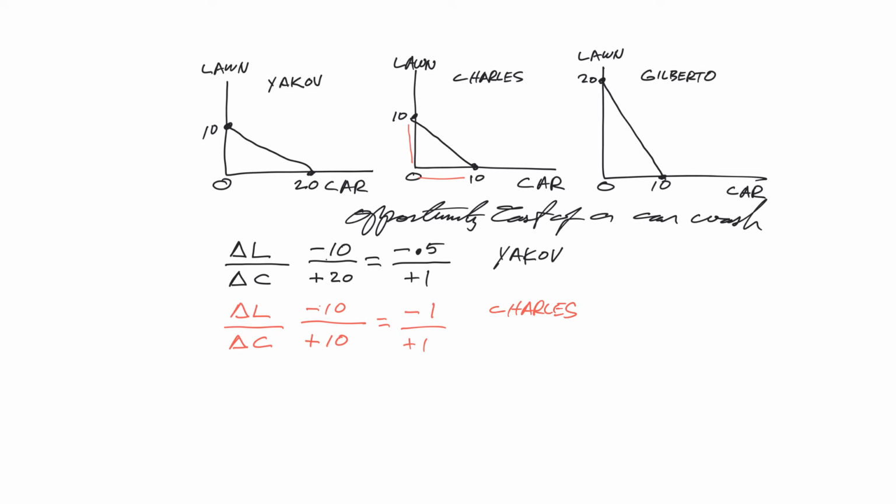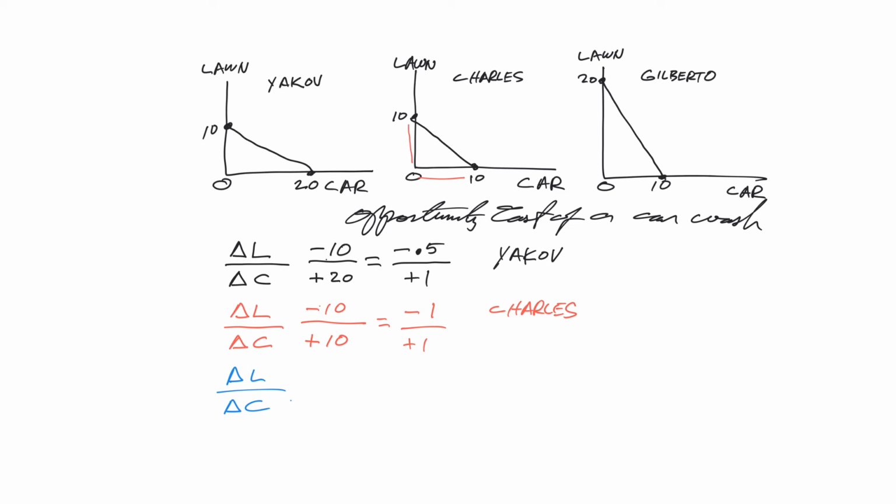Now let's do Gilberto. I'm getting fancy here with the different colors. Well, if Gilberto goes from 0 to 10 car washes, lawns go from 20 down to 0.